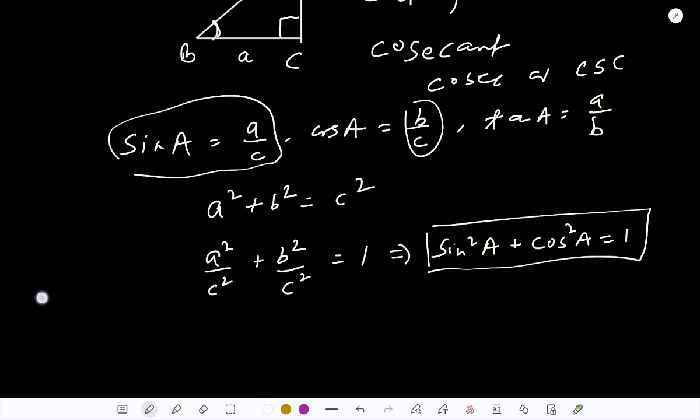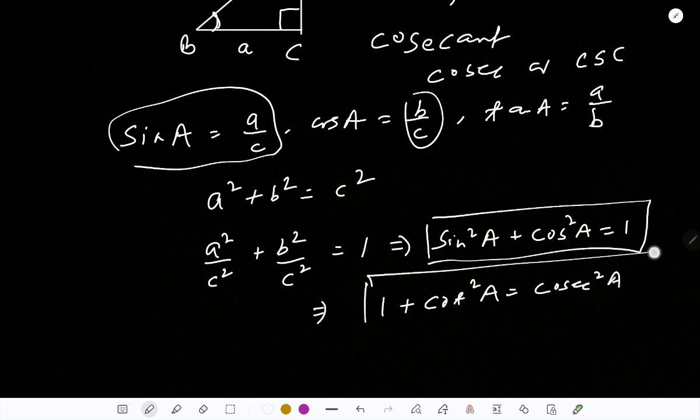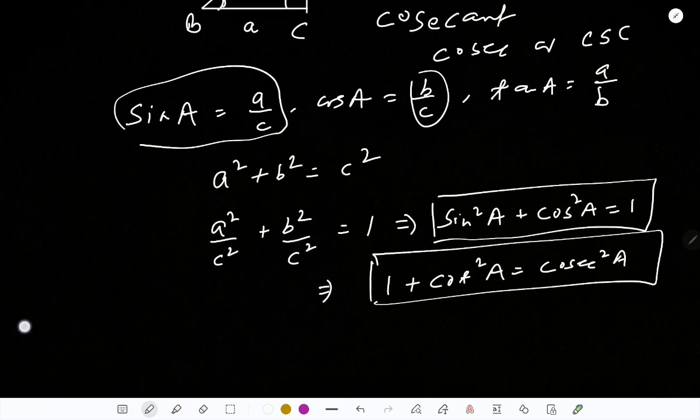And if you divide both sides of this equation, sin square A plus cos square A equals 1, by sin square A, you can get something like 1 plus cos square A upon sin square A, which is cot square A, and then you will get 1 by sin square A, that will become cosec square A, and you will get another result.